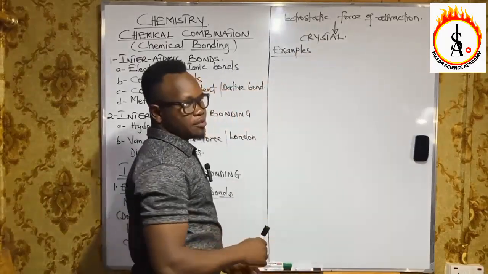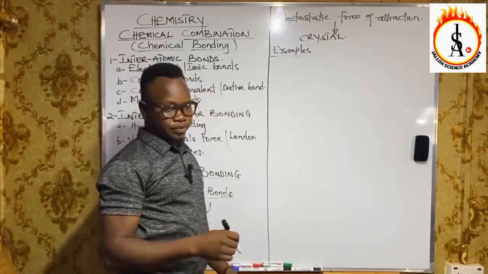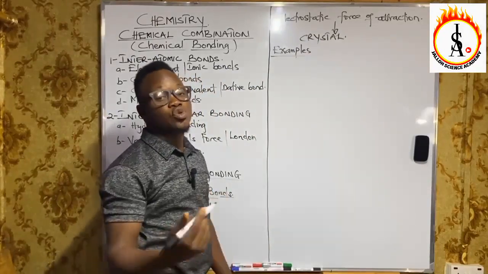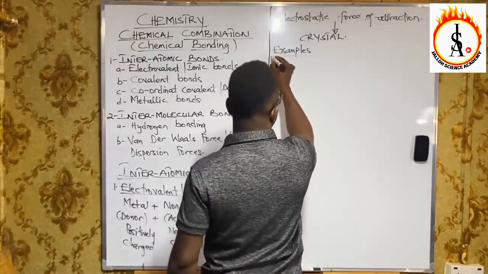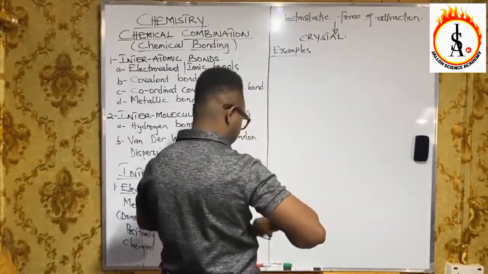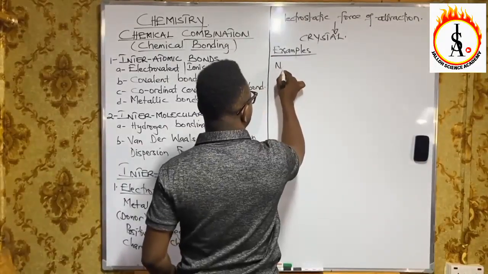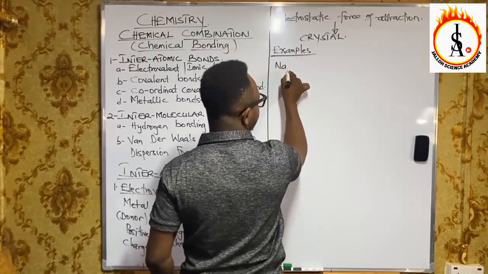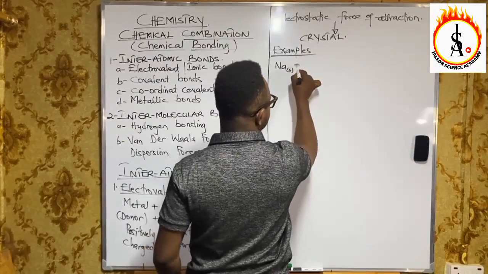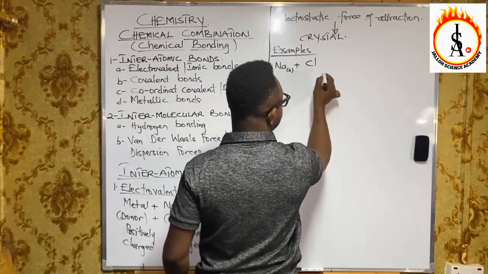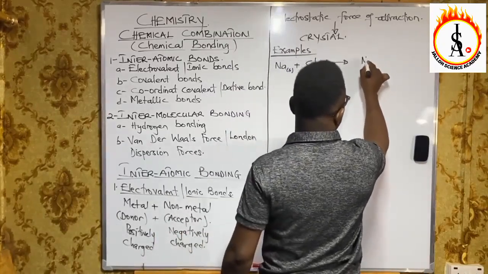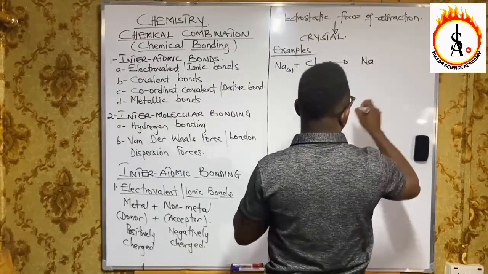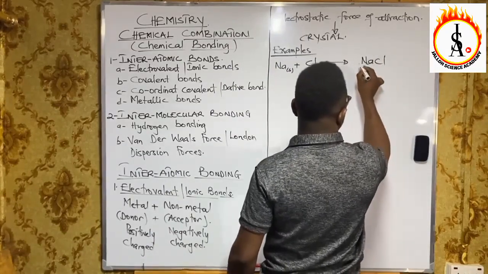The first example we are going to look at is the formation of sodium chloride. In the formation of sodium chloride, you have sodium, which is a solid substance, reacting with chlorine to give us NaCl.